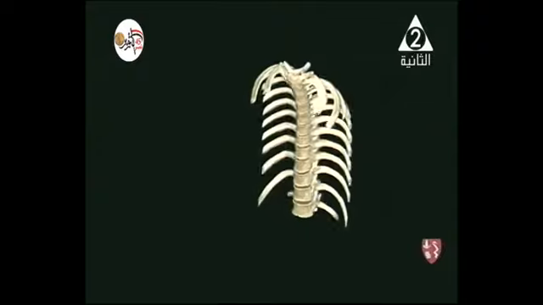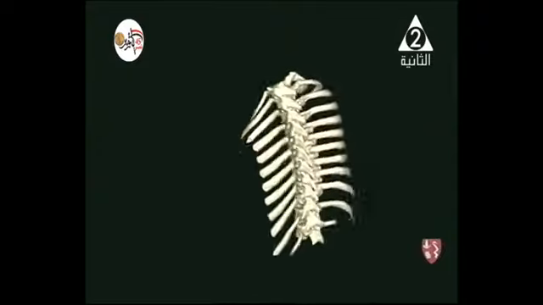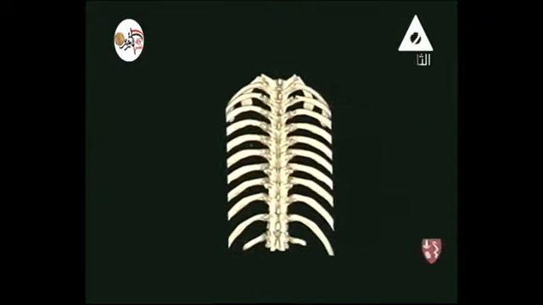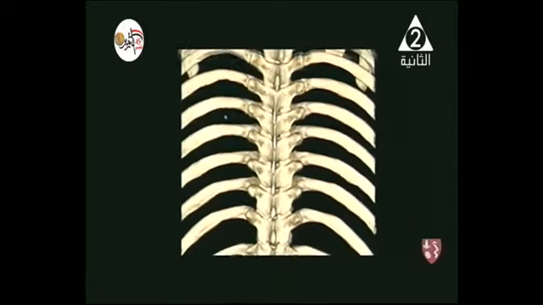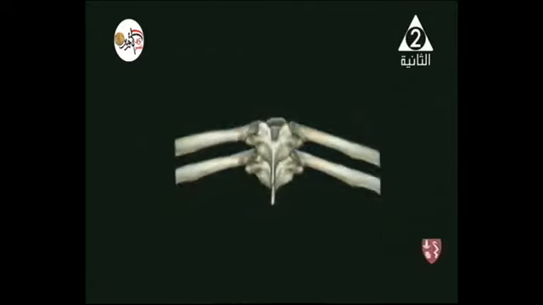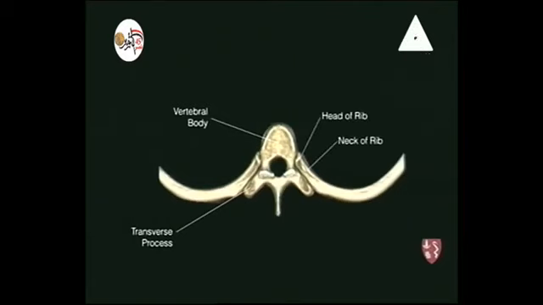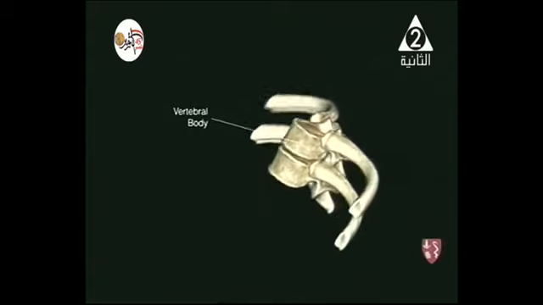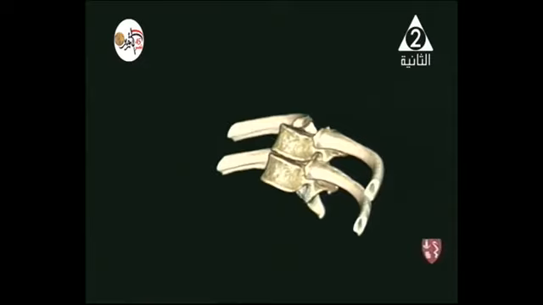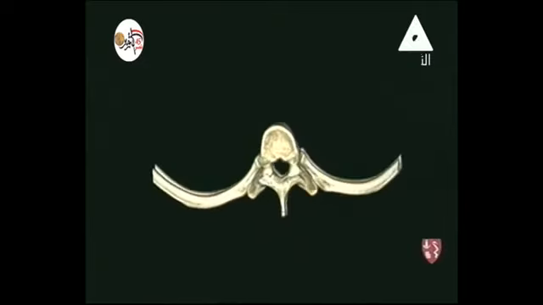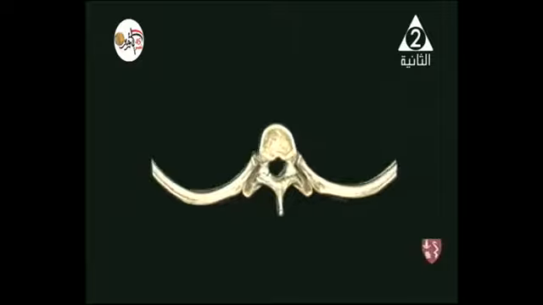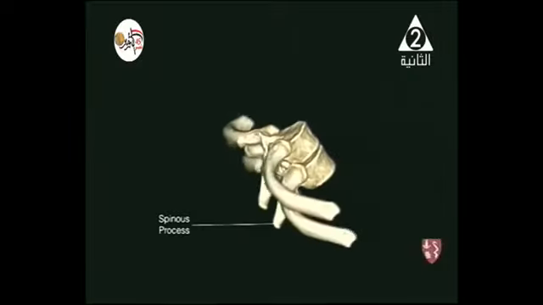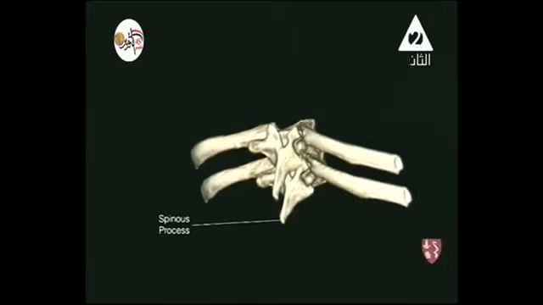And as we said, we have 5 lumbar vertebrae, which are the largest, and the last one is the coccygeal vertebrae. This is the shape of the thoracic vertebrae connected to the ribs. When we study the vertebra, I'll give you more information about it.